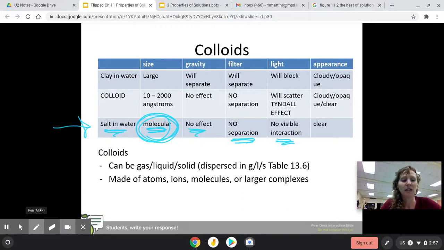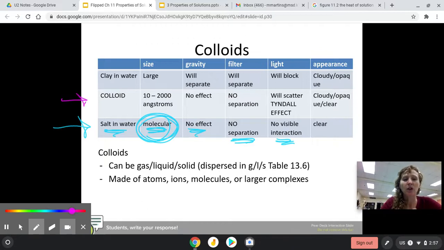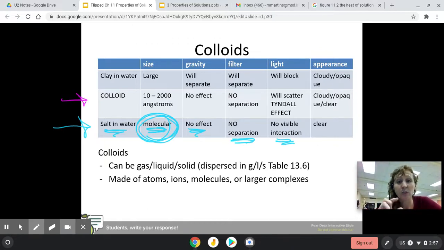Okay, so we're going to compare this to something that we call a colloid. A colloid is a particle that's just a little bit bigger than a molecule. We'll talk about a couple examples, and it's really fun to go around your house and find examples of these for yourself. They exist in your house. I guarantee you they do.